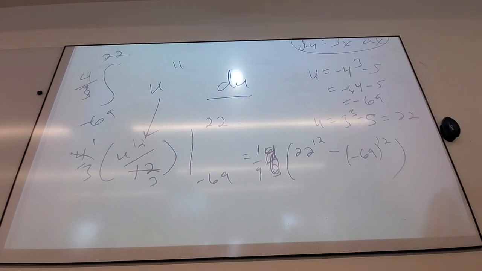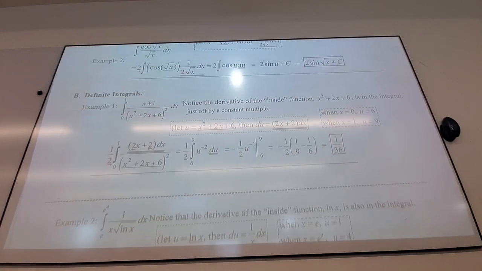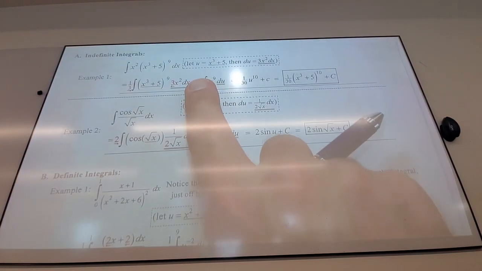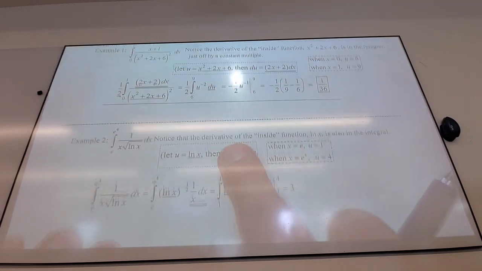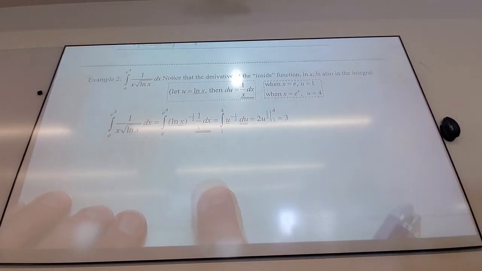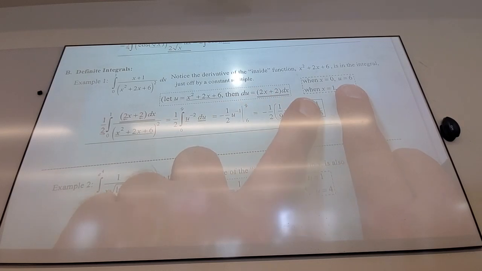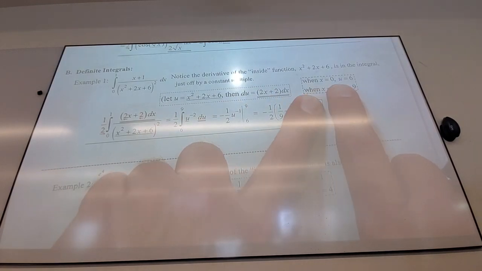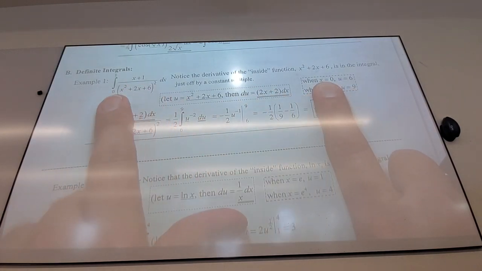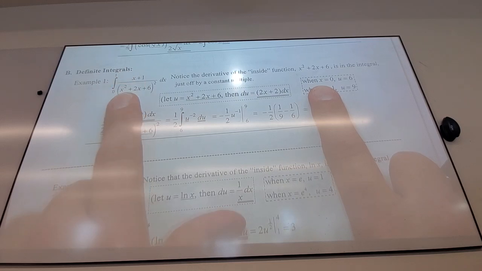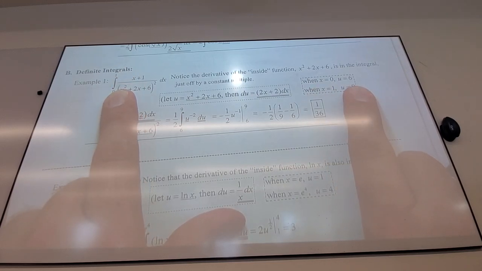This is almost perfect. So I've got 2 examples of indefinite, 2 examples of definite. So right here is my little side work to change from what x is to what u is.